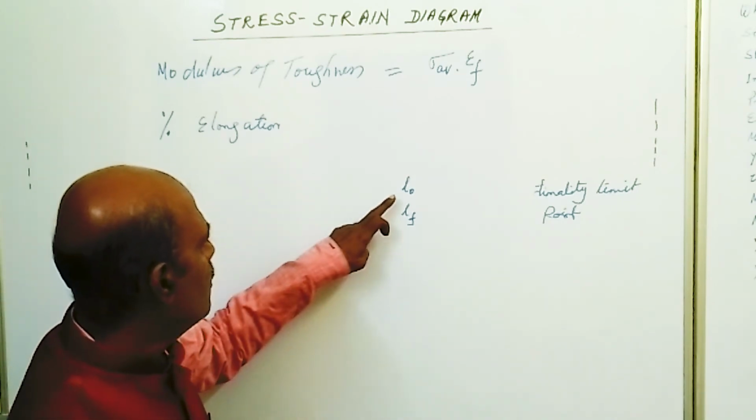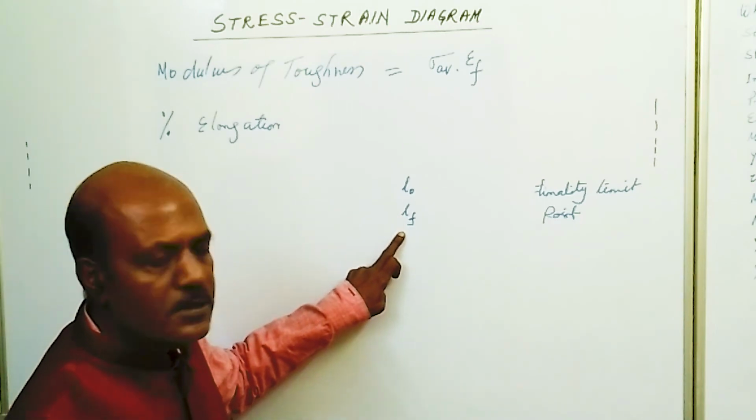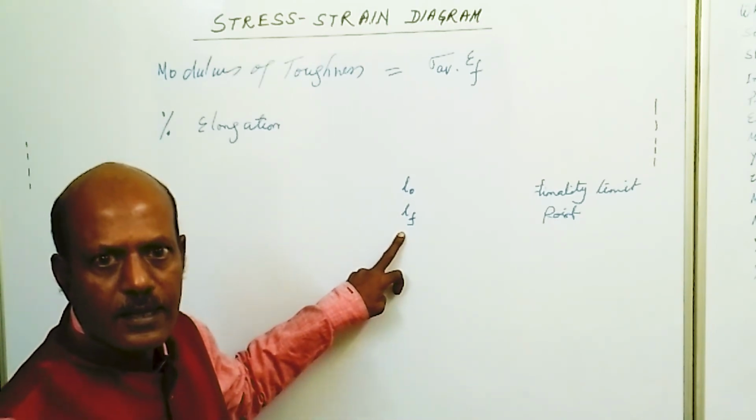So L0 was the original length and LF is the final length at the breaking point.